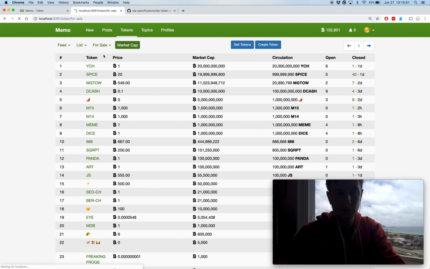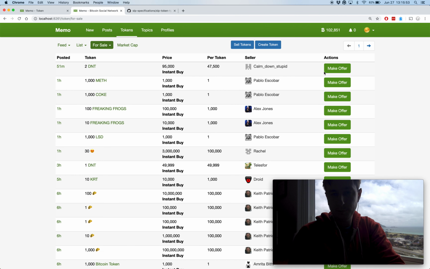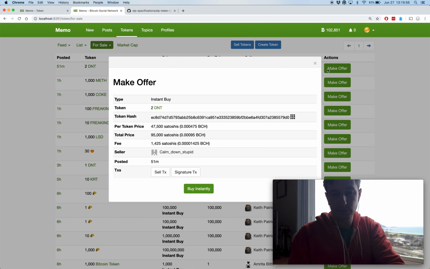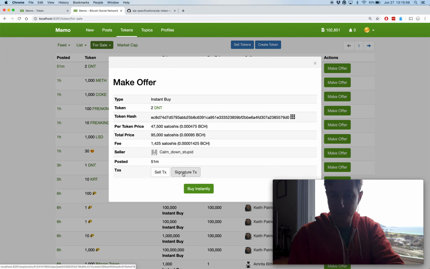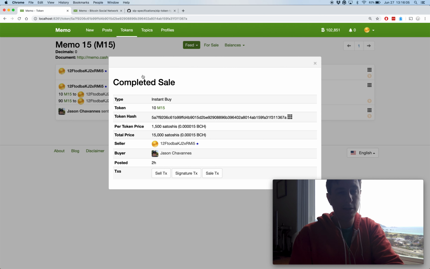So if we look at what's for sale, look at this offer. So we can see there's a sell transaction and a signature transaction, and this is still an open offer. And then this is a completed offer, and it has the third transaction, which is the sale itself. And this is transferring of the tokens.